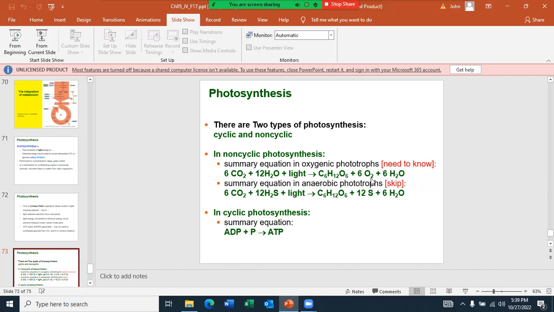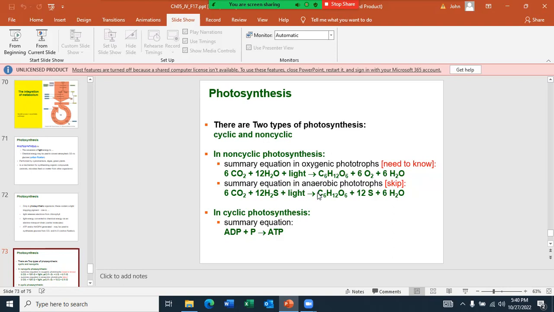Sometimes this will be simplified by removing 6 water molecules from each side. I prefer showing the full one because all of these 12 oxygen atoms come from molecules of water. None of them come from carbon dioxide. The carbon dioxide is all converted into glucose.